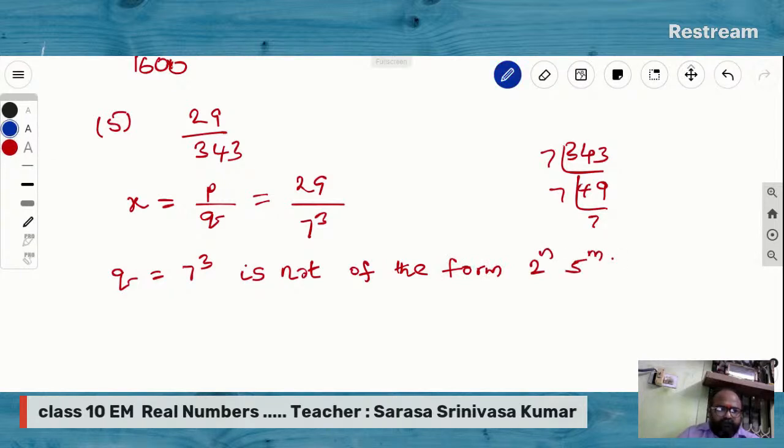That is, the denominator 343 cannot be expressed in the form of 2 power n 5 power m.